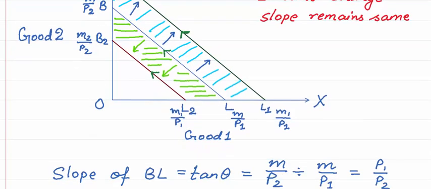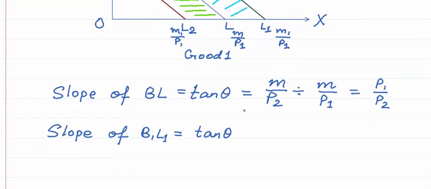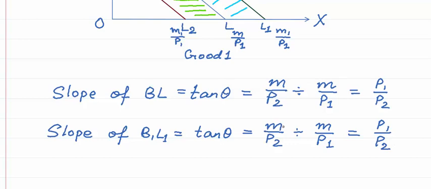So the intercept on the y-axis divided by the intercept on the x-axis again gives us P1 by P2 as the slope.